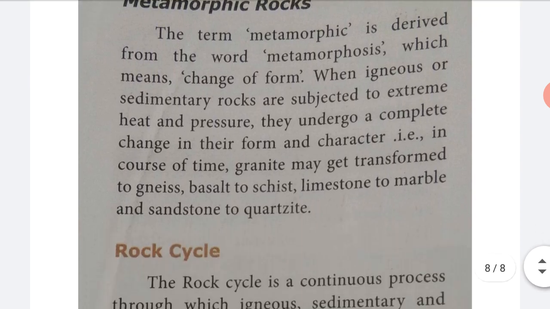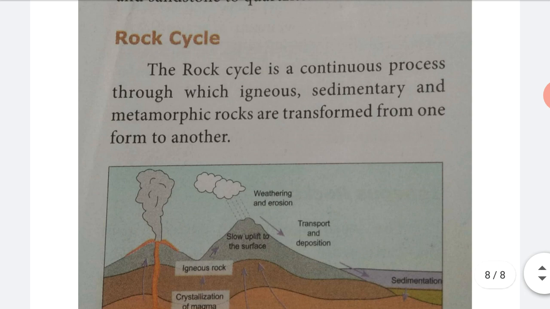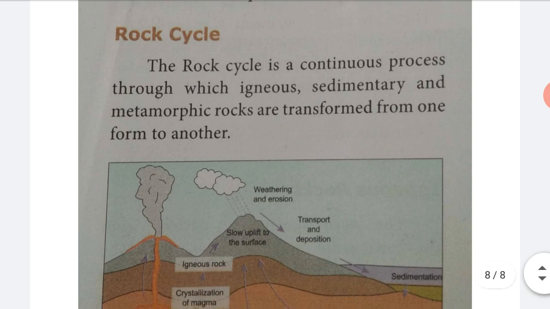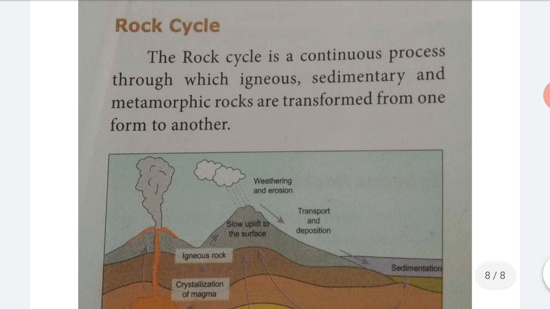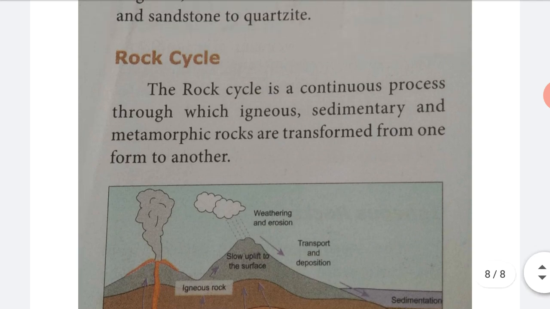The next heading is the rock cycle. What is the rock cycle? It is a continuous process through which rocks, whether igneous, sedimentary or metamorphic, are transformed from one form to another.